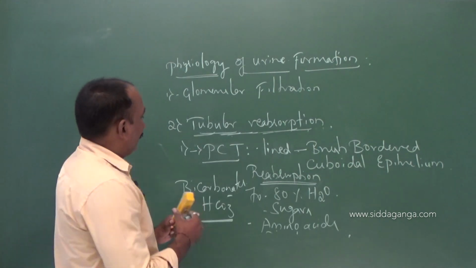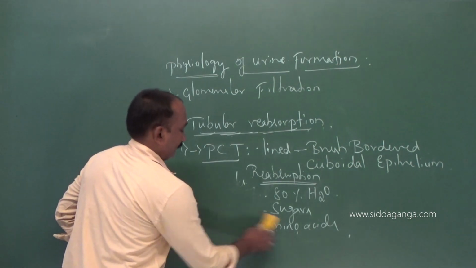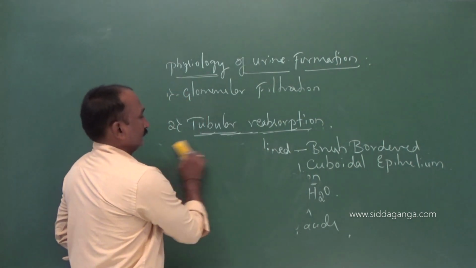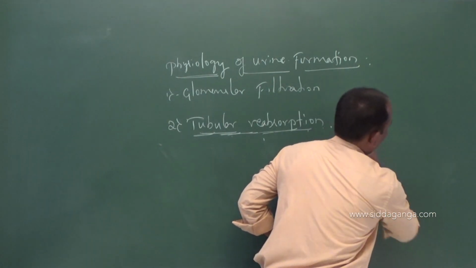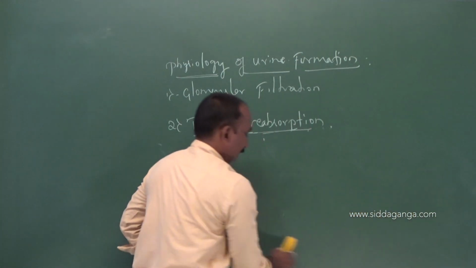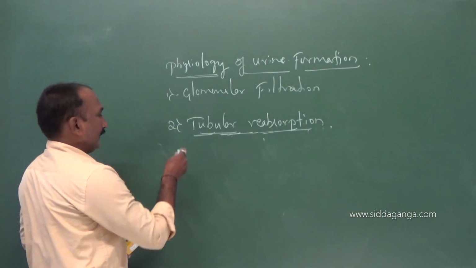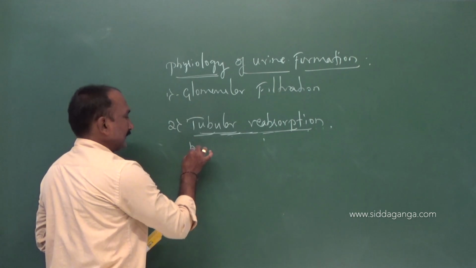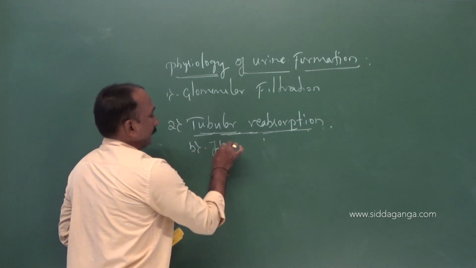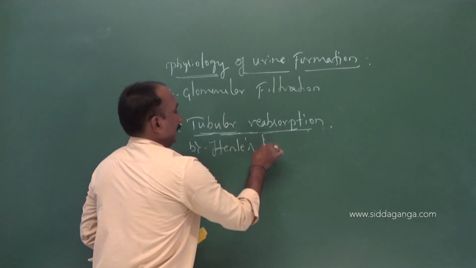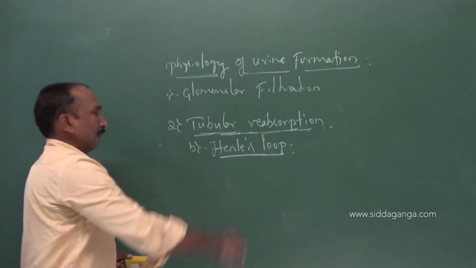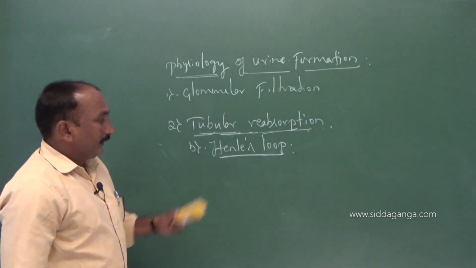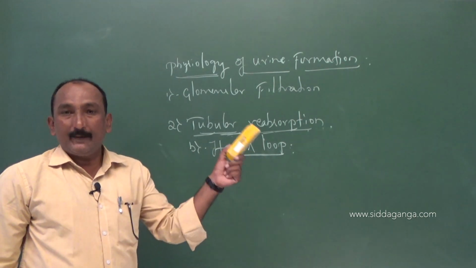So, next to this, under tubular reabsorption, one more part of the nephron that is involved is the loop of Henle. Next to the proximal convoluted tubule, the loop of Henle is almost a hairpin-like structure.